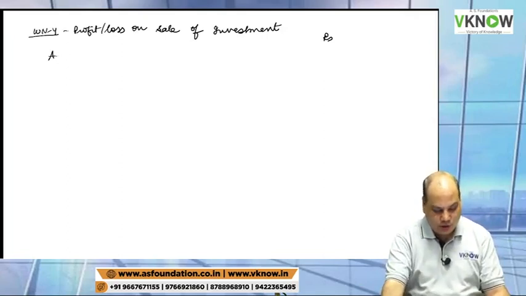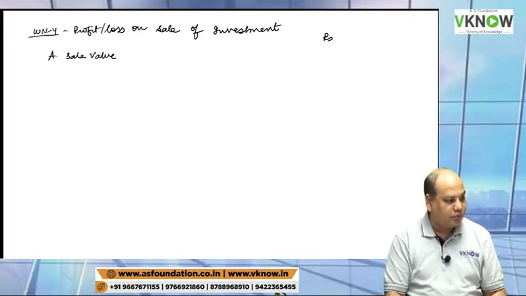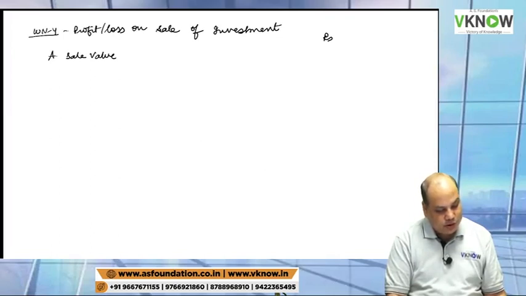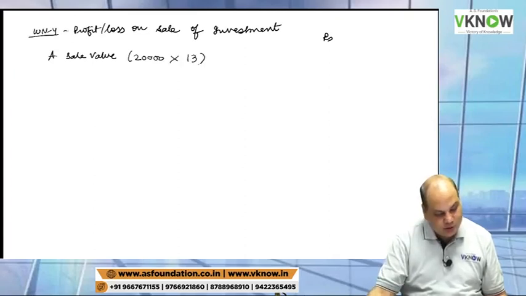So first write down A, sale value. Go to the question. In the question, point number F: on November 1st, 2010, 20,000 shares were sold at a premium of 3.